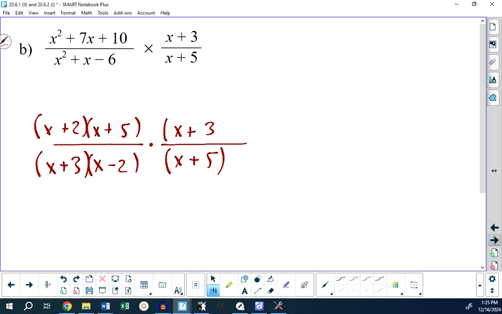So, do we have factors in the numerator and denominator that are identical? Yes. We can cancel this one with this one, and cancel the x plus 5 with the x plus 5, leaving us with x plus 2 over x minus 2.